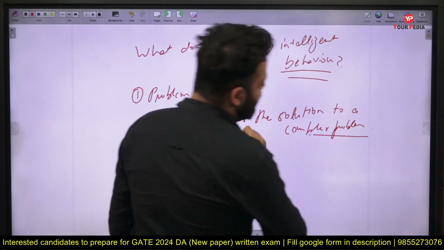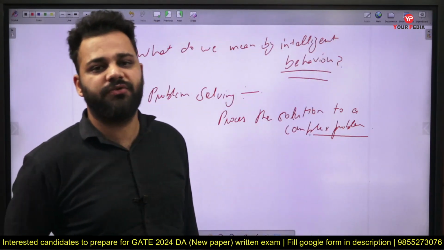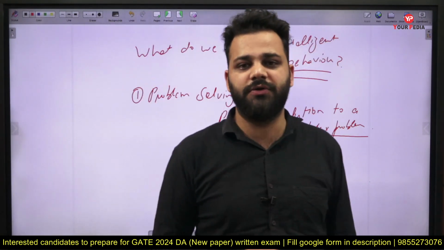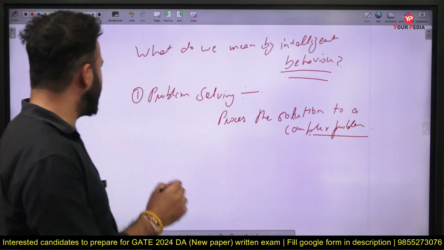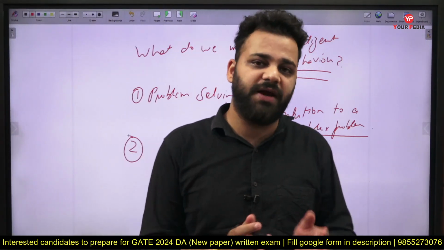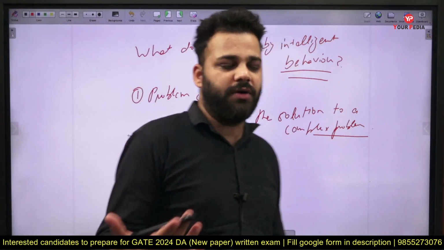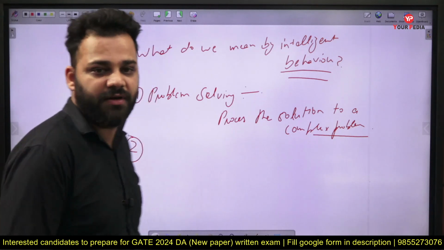Now it can use various methods or various algorithms in order to achieve that solution, but we will not go into that. But it should be the main task or main functionality if we want the machine to be simulating intelligent behavior.